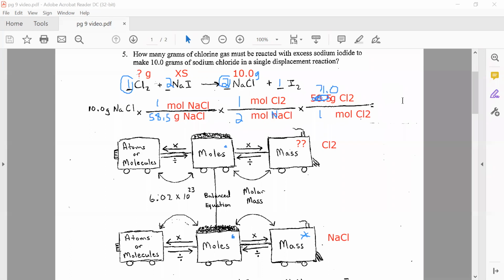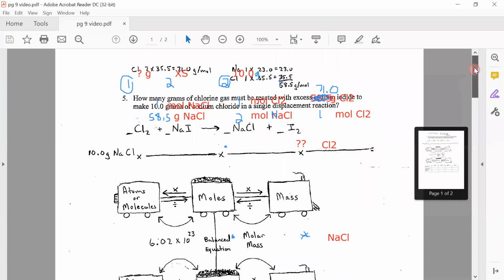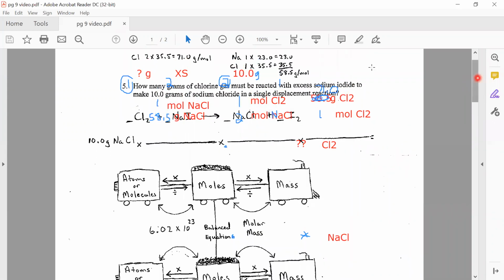Let's go back and look at our work. There is the molar mass of NaCl, 58.5, and there is the molar mass of Cl2, 71. I think I mentioned that backwards when I put things in. So NaCl is 58.5, Cl2 is going to be 71.